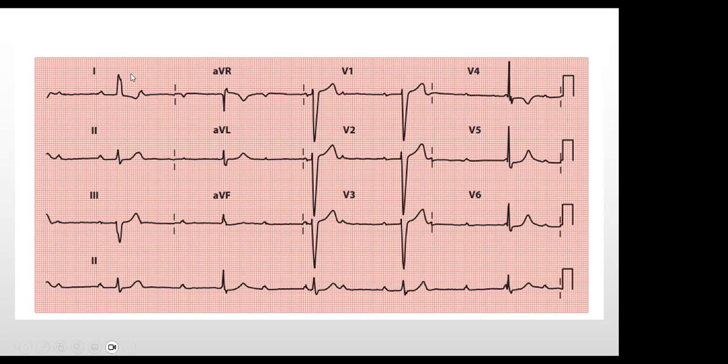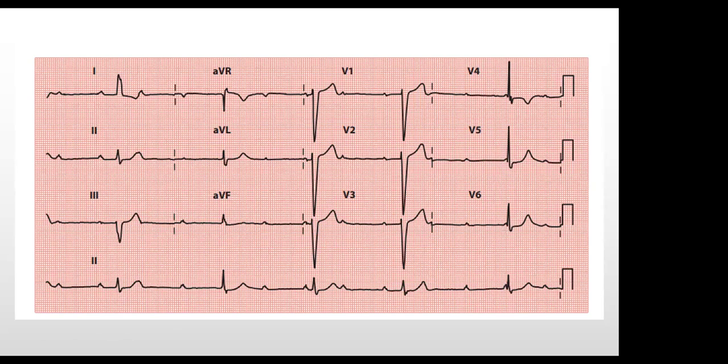If you look at lead 1 in particular, there's a notch. Which also tells you that apart from the AV node being blocked, there is also some form of left bundle branch block in this ECG.